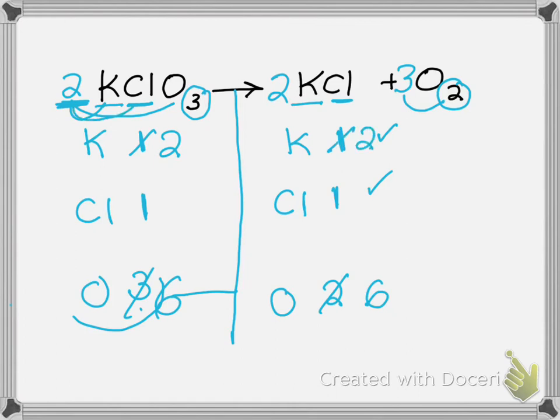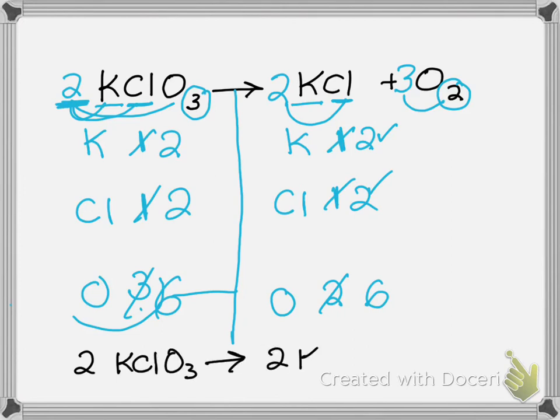And then 2 times that, that's 2 chlorine and 2 chlorine. So that balances, I had to go back and add a 2. So let me rewrite it, and you can try it too. It's 2 KClO3 goes to 2 KCl plus 3O2.